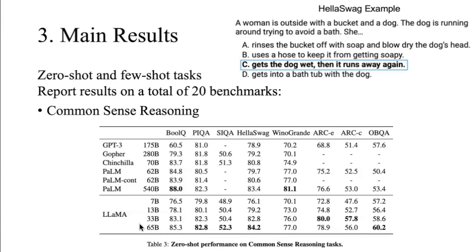When LLaMA 1 was released, the 65 billion model could beat the state of the art across these common sense reasoning benchmarks. The PaLM model, at over 500 billion parameters, has better performance, and also this one. But the other ones have comparable or worse performance compared to the LLaMA 65 billion model.